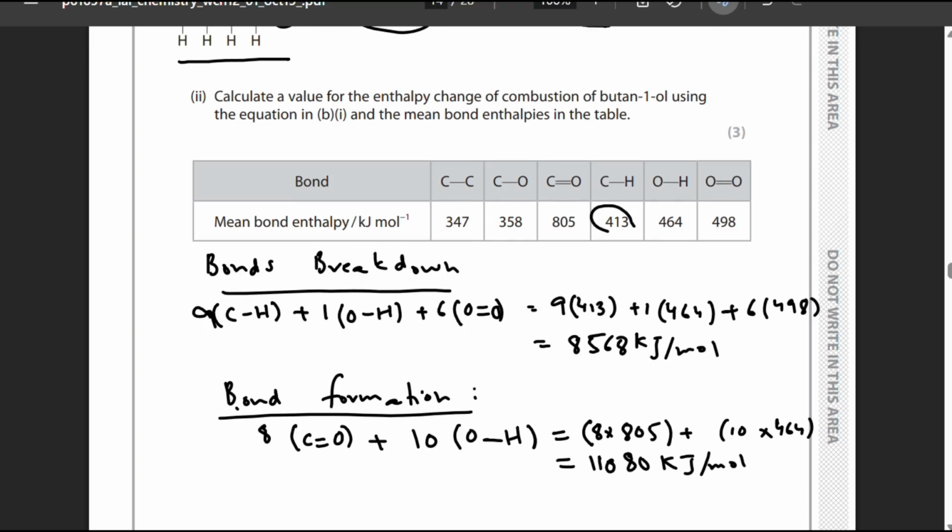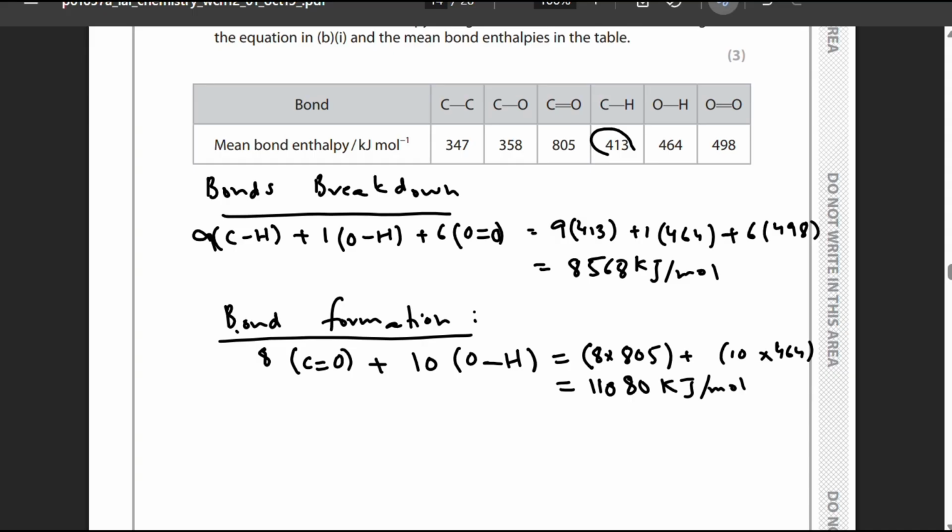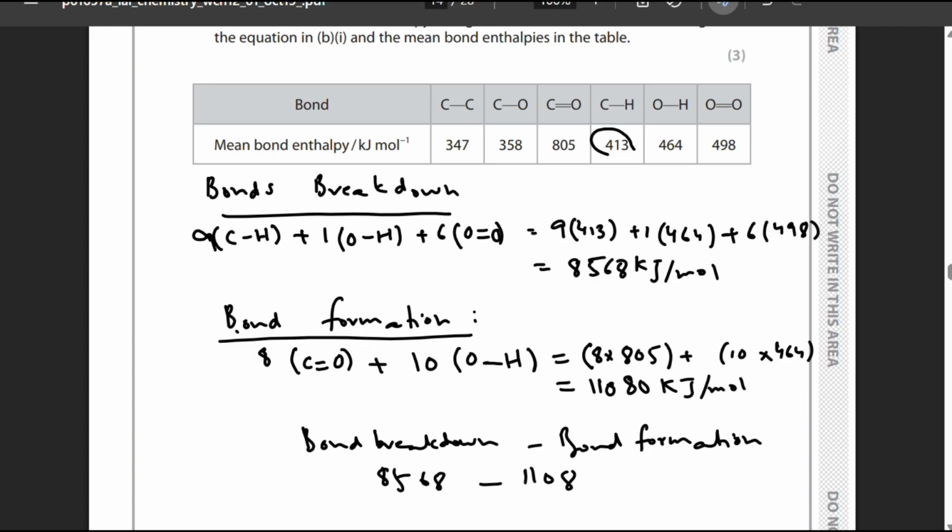Now we have the formula: bond breakdown minus bond form to calculate the overall enthalpy change of the reaction. So 8568 minus 11080.